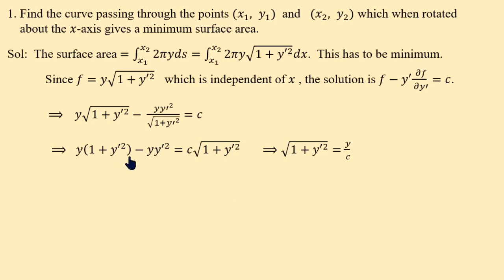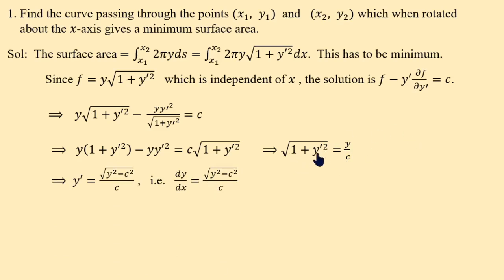Y equals c into root of 1 plus y dash square, or root of 1 plus y dash square is y by c. Square both sides: 1 plus y dash square is y square by c square.